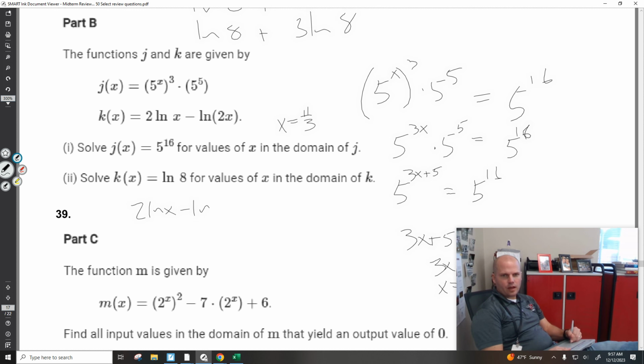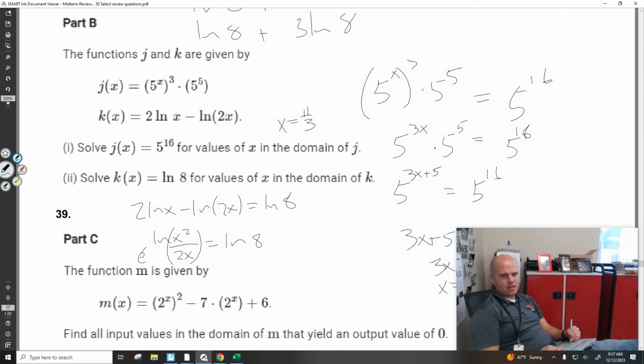When does k equal the natural log of 8? Use exponent properties to simplify. I get log x squared over 2x equals log 8. I can then take e to the power of both sides. I don't want to get rid of an x, as that removes a possible solution. Sometimes, though, it'll be fine, actually.